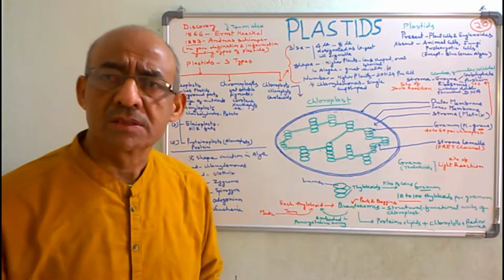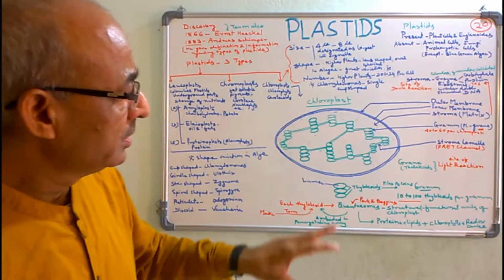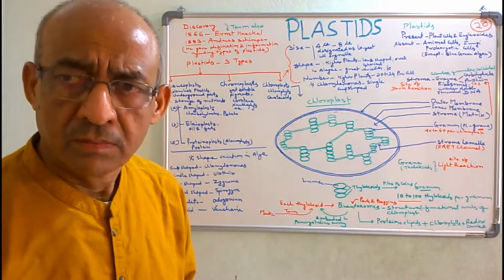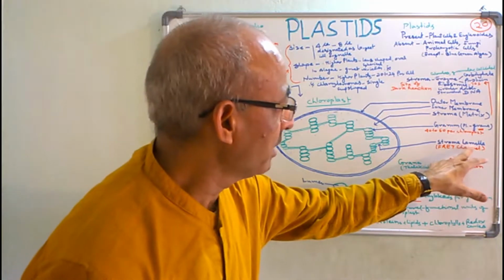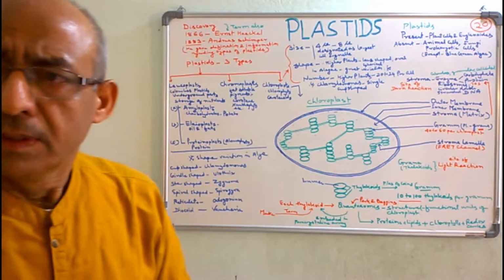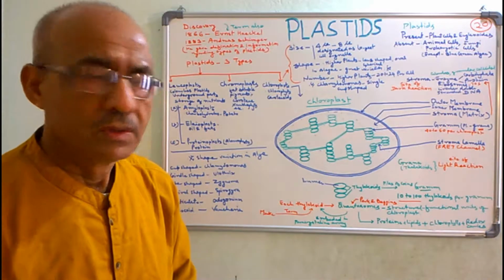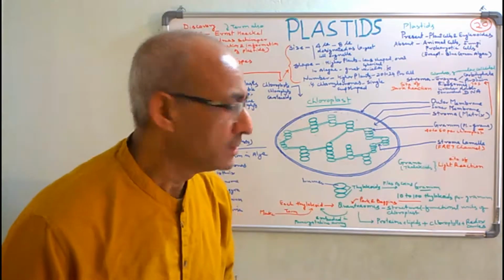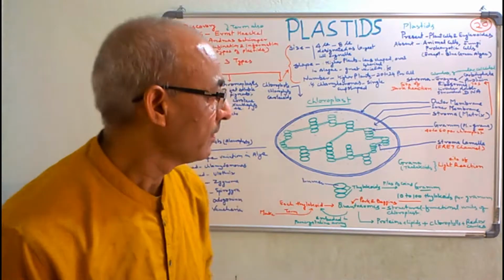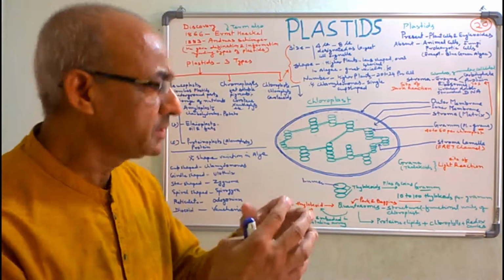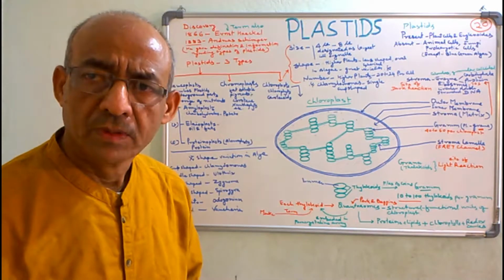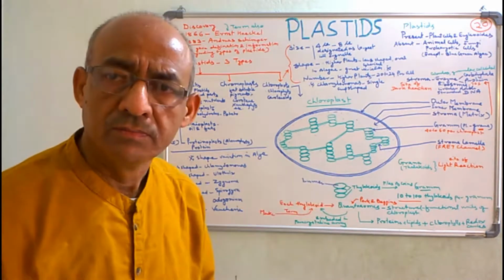Now we will discuss another component, that is the stroma lamella. Its another name is frets canal. All the grana are interconnected by a tubular structure.